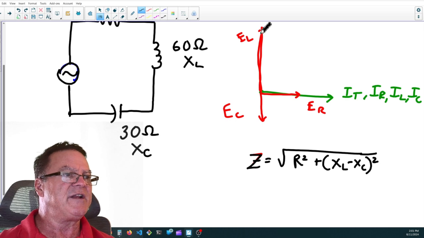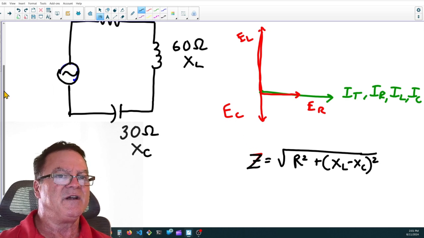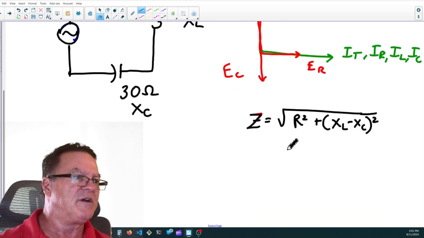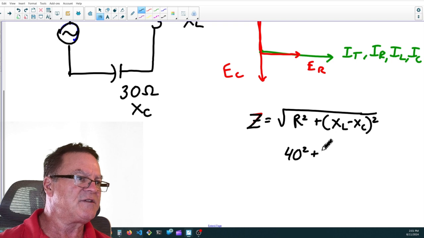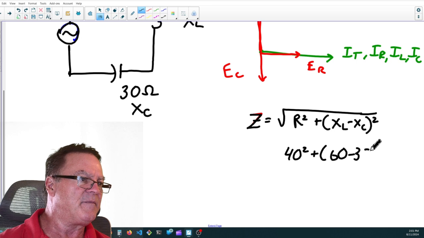These two are 180 degrees out. We're just going to subtract the smaller from the larger. So this is 40 ohms squared plus 60 minus 30 squared.